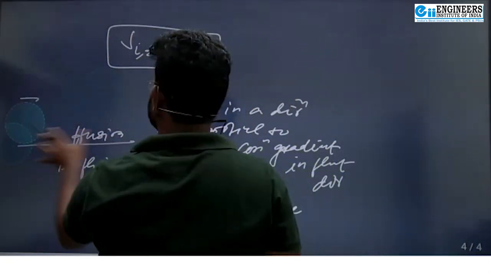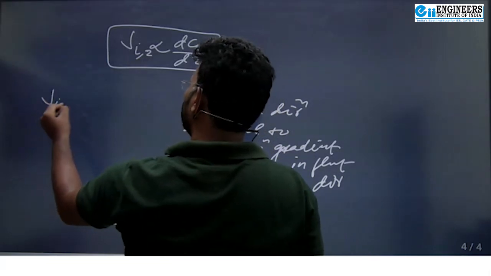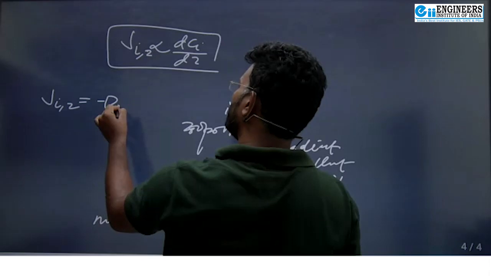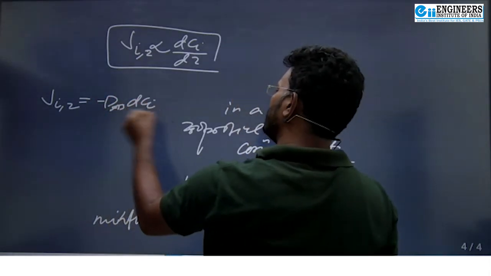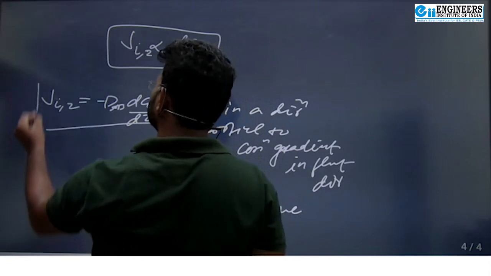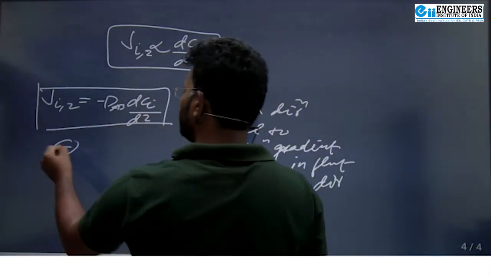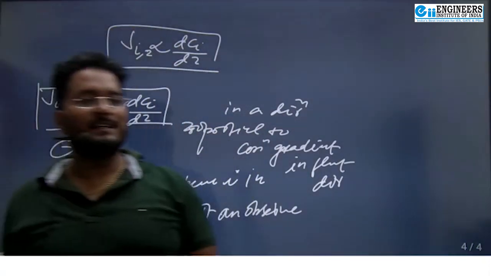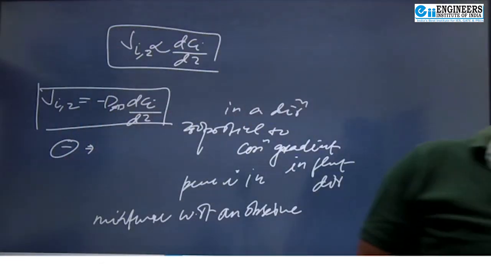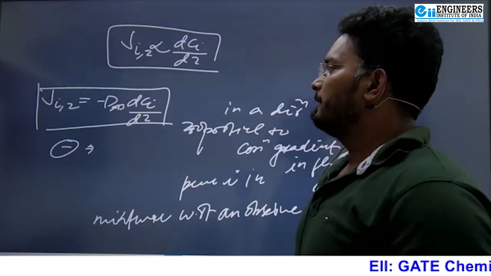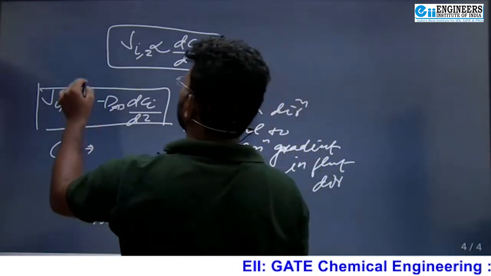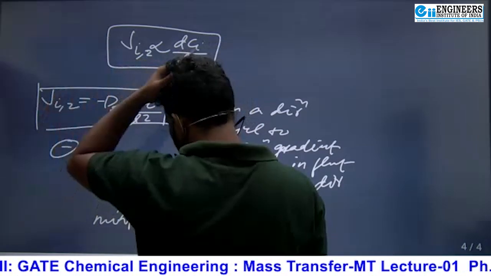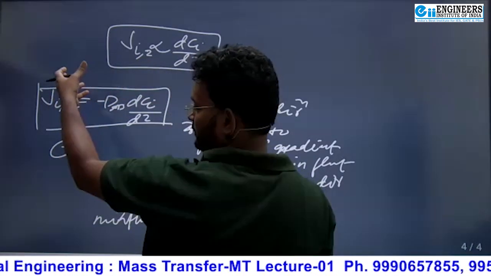The proportionality constant gives J_iz equal to minus D_AB into dCi upon dz, where the minus sign indicates the concentration is decreasing in the increasing z direction. Clear? D_AB is the diffusivity of A in species B, for a binary mixture. This is Fick's law for the binary mixture.